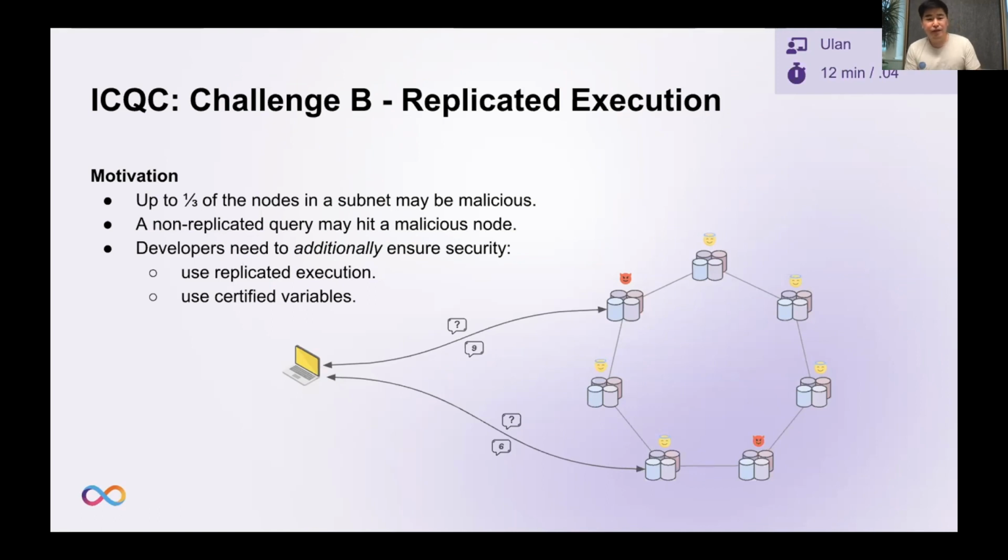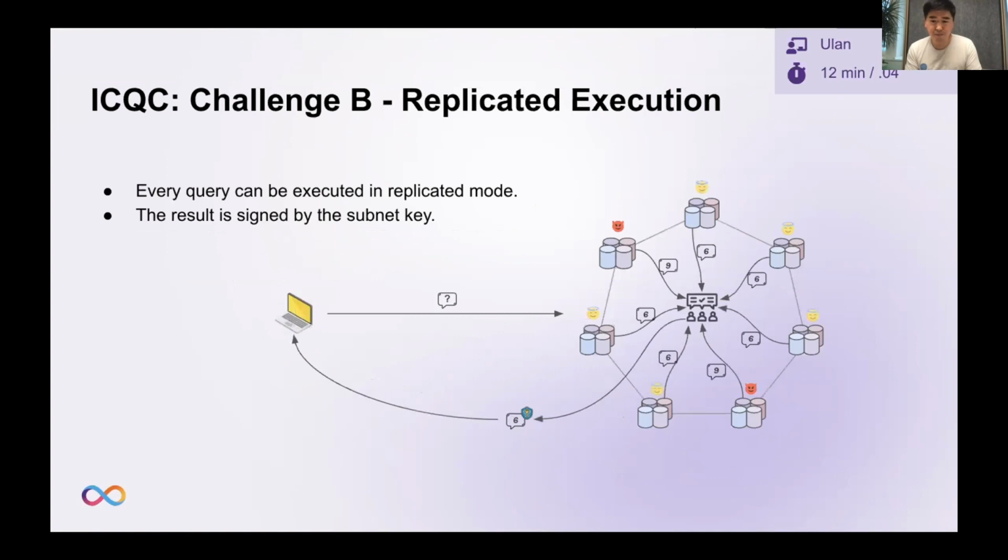And the next slide demonstrates how replicated execution works. It is also known as running a query as an update, but I think replicated execution is a more precise term, because even if the query is running as an update, we are still discarding the state changes of the query.